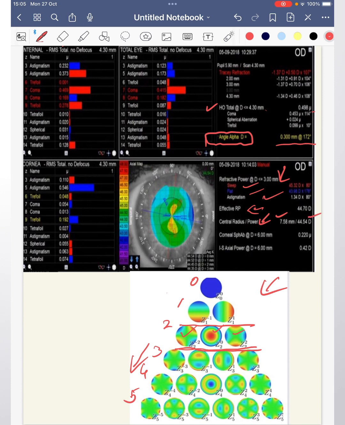Now, if you have to compare the keratometry readings that you get from the IOL Master or Lenstar or any other keratometry machine with the iTrace, then you should look into this value over here, because this is more of a simulated keratometry value.